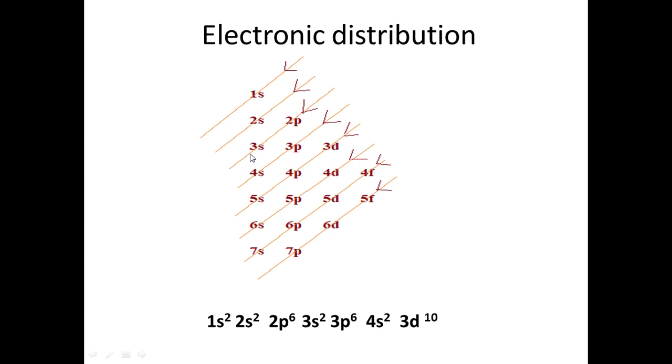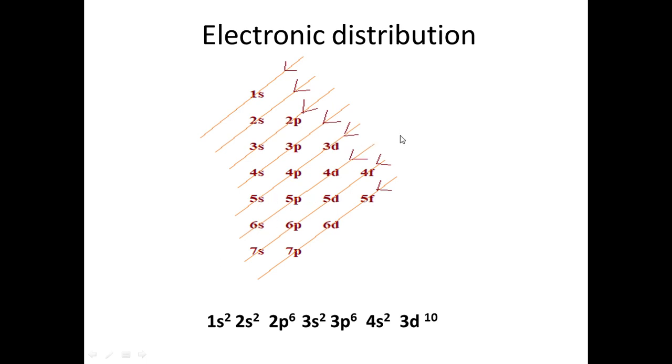After 3s, we read the fourth line from the backside. Then we come to 3p first. So we have to write orbital 3p after 3s. 3s, then 3p, not 4s. 3p gets filled first, then 4s, followed by filling of 3d orbitals, then 4p orbitals, then 5s, like that.